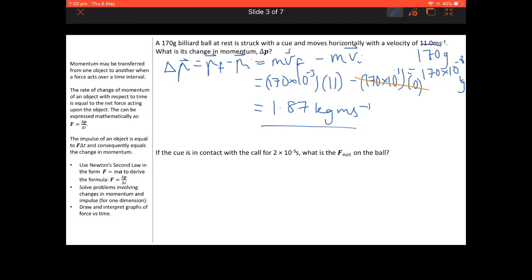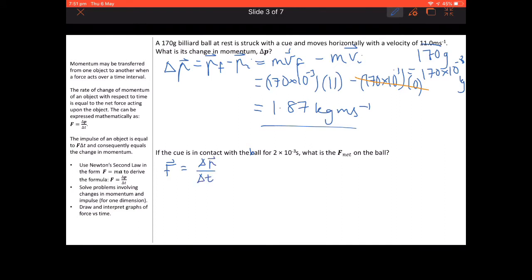If the cue is in contact with that ball for 2 by 10 to the negative 3 seconds, what is the net force on the ball? To find the answer to this, we can use our force equals change in momentum over change in time rule.